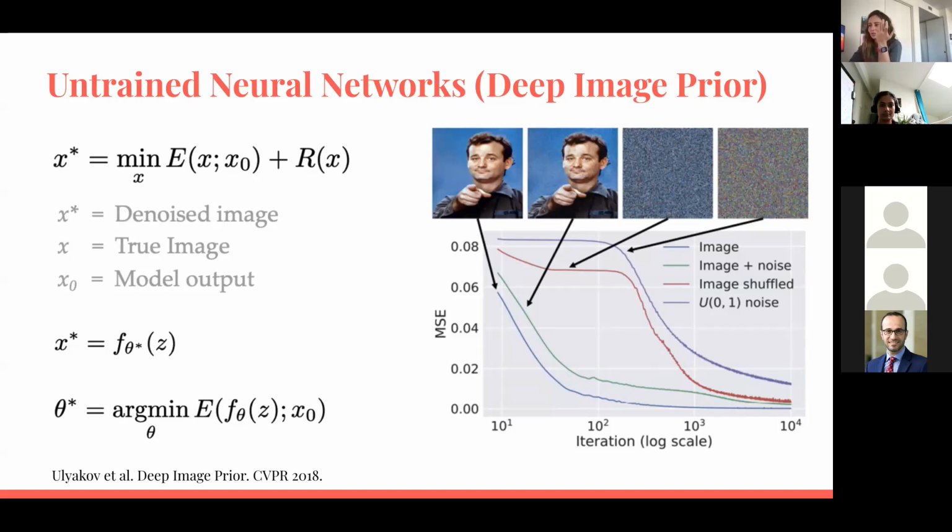So what they're doing is starting with random noise input Z, and F theta here is the convolutional generator. And then you try to fit to the noisy data.